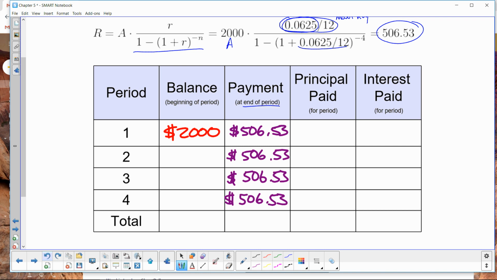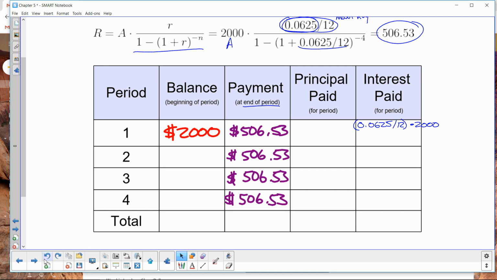What's the monthly interest rate? 0.0625 divided by 12 times 2,000.